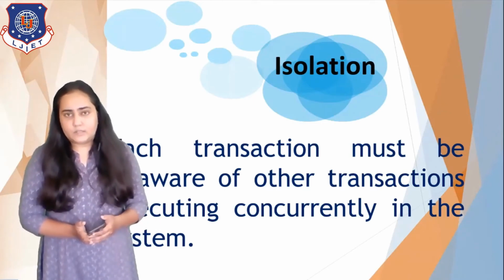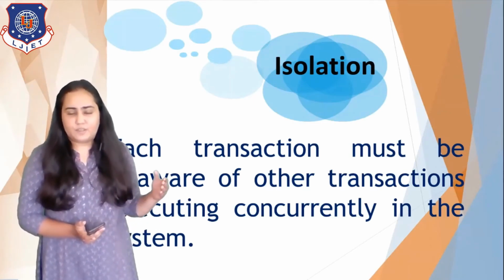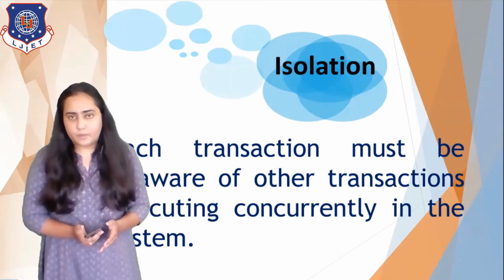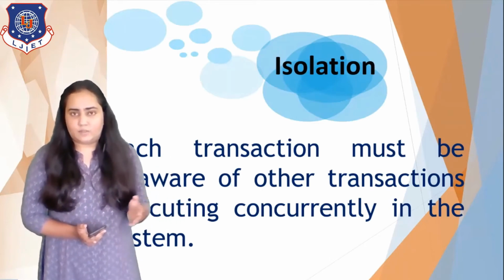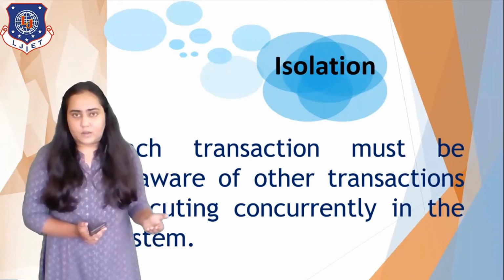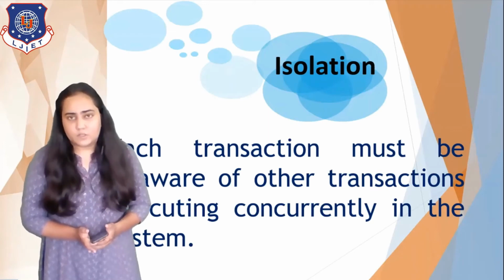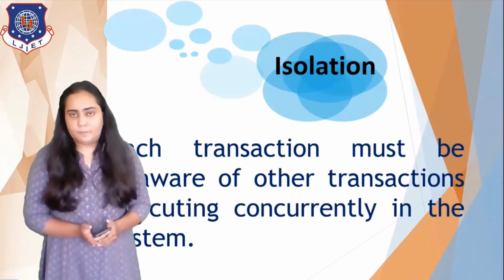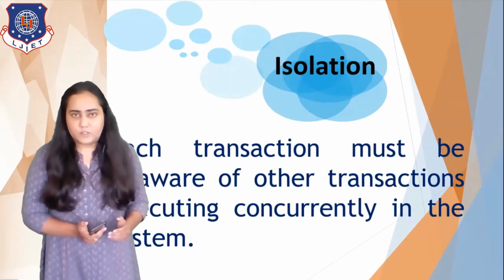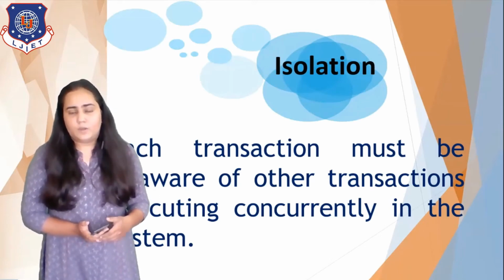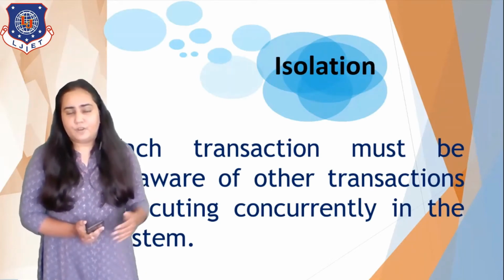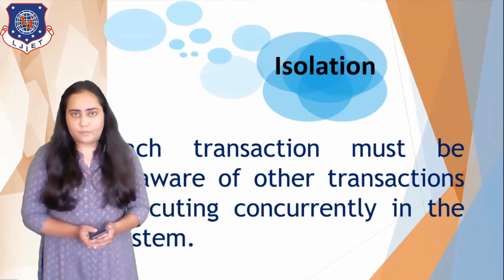In such cases, you should not be aware of somebody else who is booking the ticket at the same time or performing a transaction at the same time. If you know that somebody is doing it along with you, then that's not a very good system and it can cause problems. Later on, I'm going to tell you the different levels of isolation once we have covered a topic called serializability. But for now, the definition is enough.